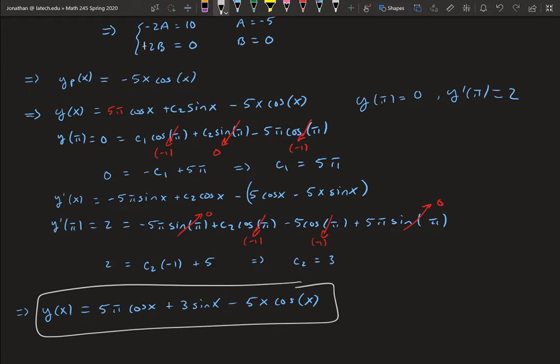Sweet. Good stuff. All right, let's move on to variation of parameters. This is the next section for us, 4.6.